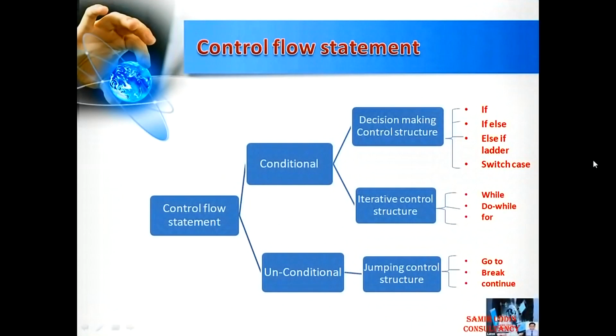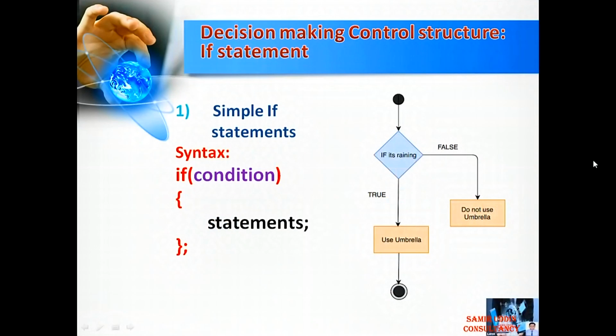Let's discuss decision making and branching using the simple if statement. We use the if statement with a condition that you need to test, provided within the brackets, and the condition is generally formed using logical operators as well as relational operators.